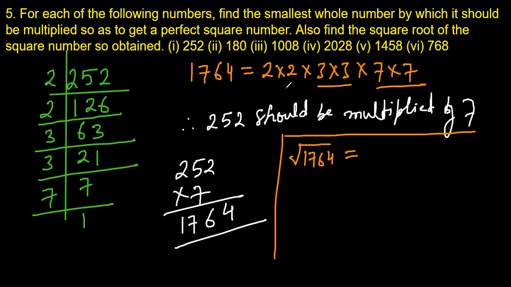And then we take one factor from every pair, and the square root of 1764 is 2 multiplied by 3 multiplied by 7. Now 6 sevens are 42. So the square root of the number so obtained is 42.